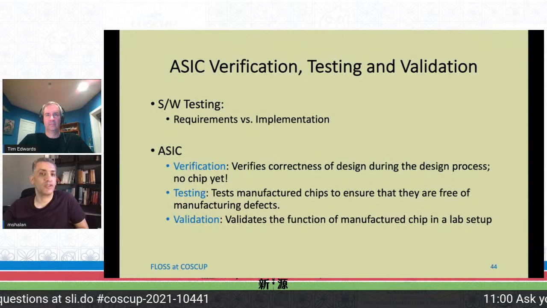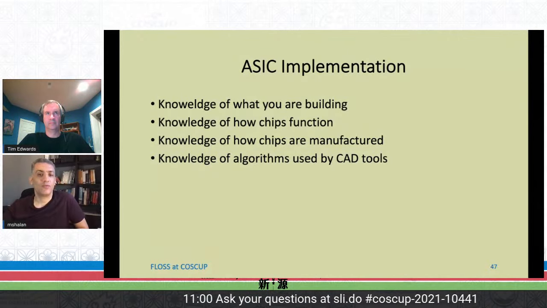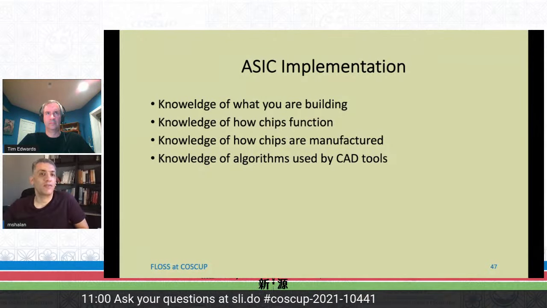And not only that, you need also to be aware of what you are building, because as you will see, you are responsible for defining constraints, and sometimes you might need to update your design to address some issues. Also, as a designer, you need to be aware of how chips function and how they are fabricated, as well as the algorithms used by the EDA tools. And typically, a large, diverse team will work on the development of a chip.